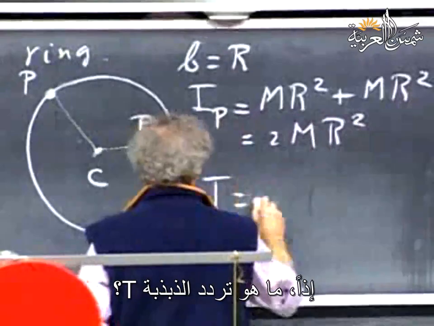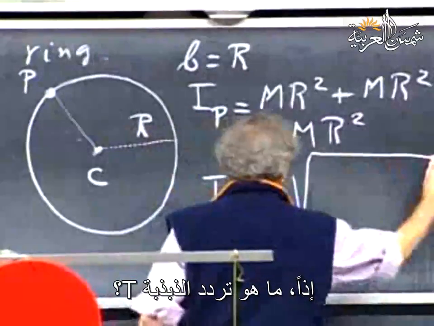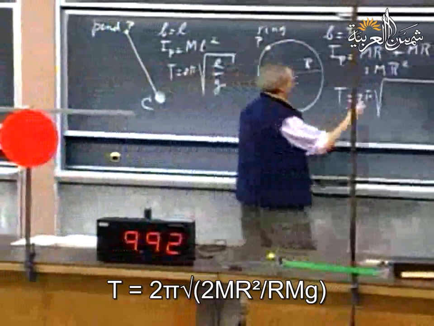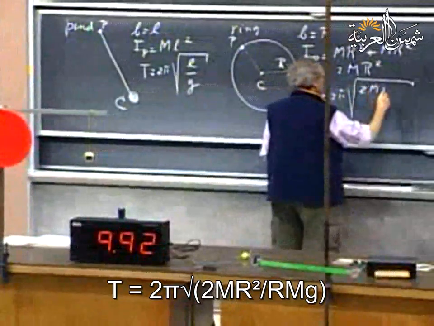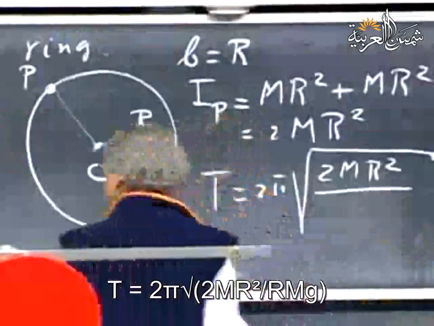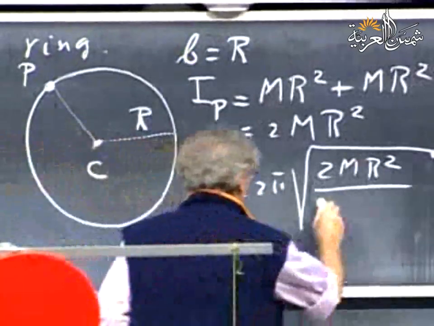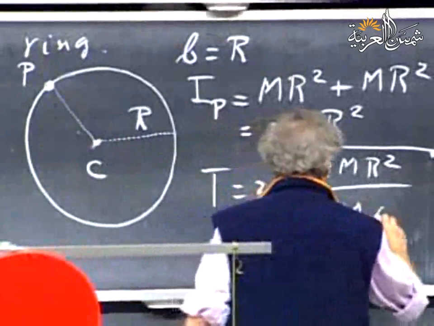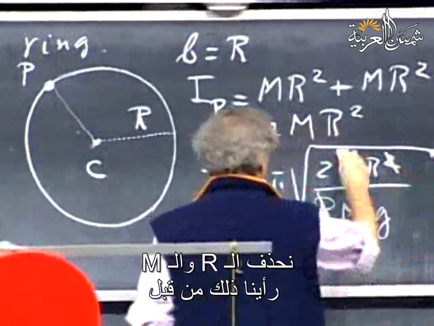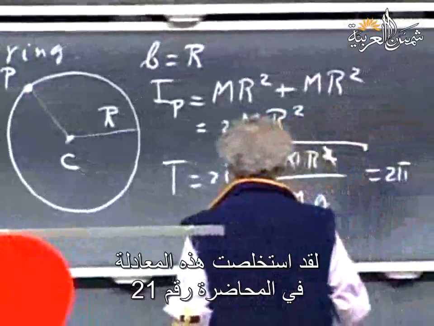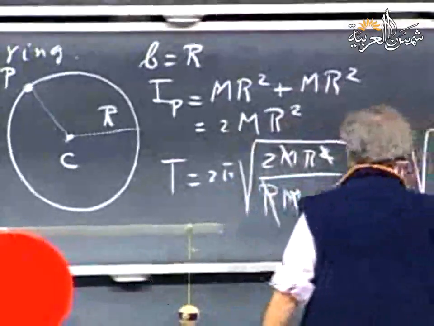So what is the period of an oscillation? I_P, that is 2mr squared, divided by bmg, b is r, rmg. I lose one r, I lose an m, and we have seen this before. I derived this in lecture number 21.